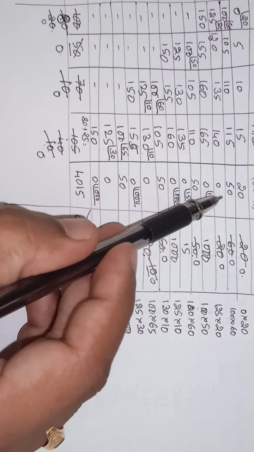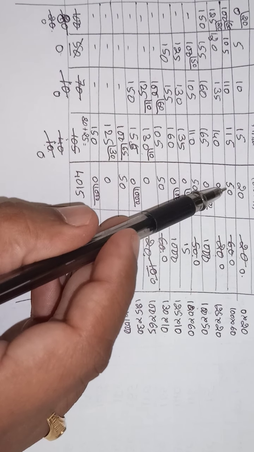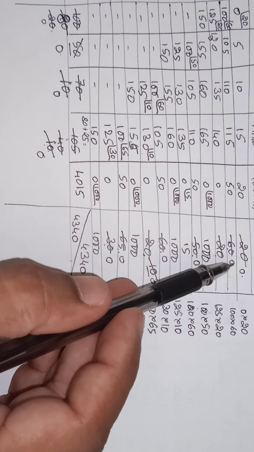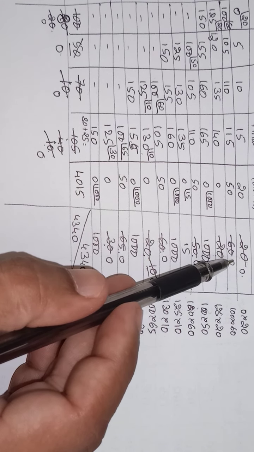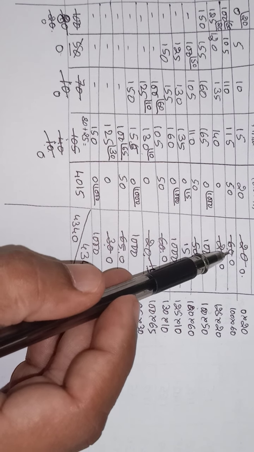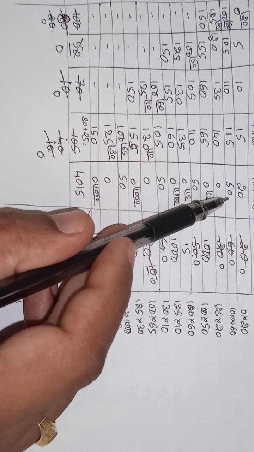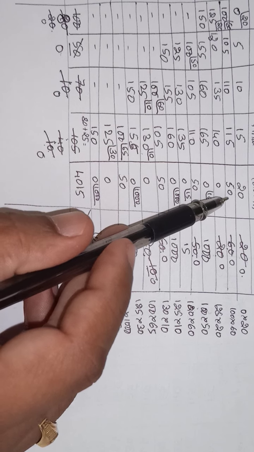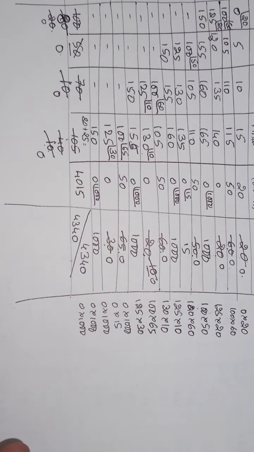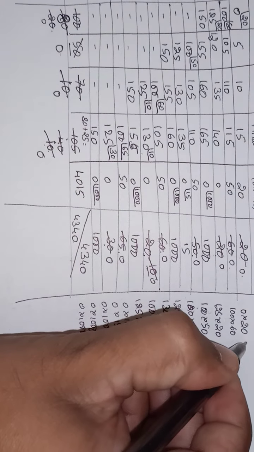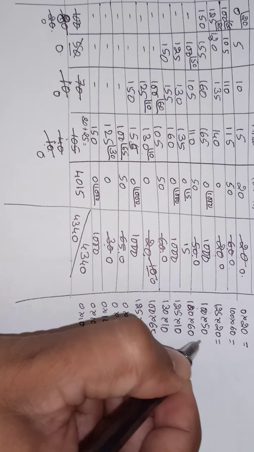You can ask why you have kept this 50 blank, because whatever the availability was, we have consumed it all over here. If something is remaining, then we can add it here to multiply. Here there are no units remaining, so we have kept it as it is, right? So these are the allocations we have made.